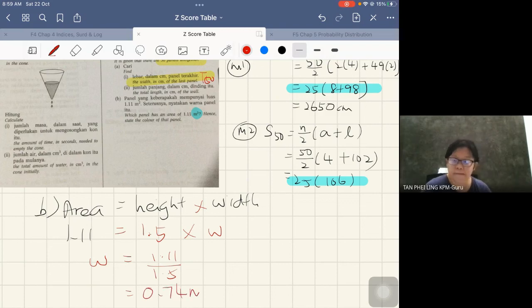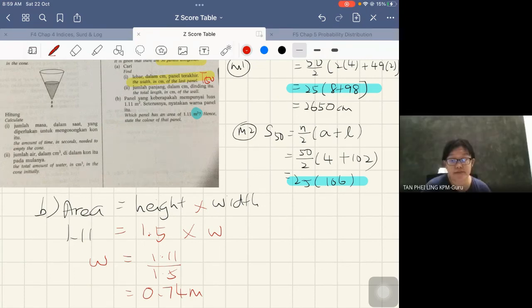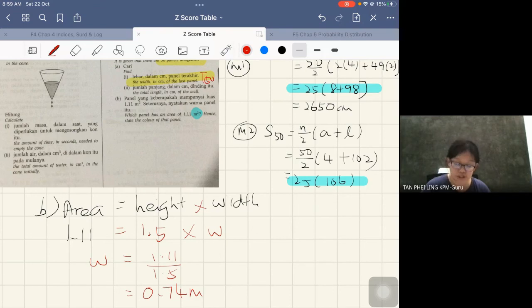Press again. Yeah, thank you, Kaishan. Yes, teacher, 0.74 meter. You don't read it as zero point seventy-four, my dear. All the numbers behind the decimal should be read as single digits by themselves.